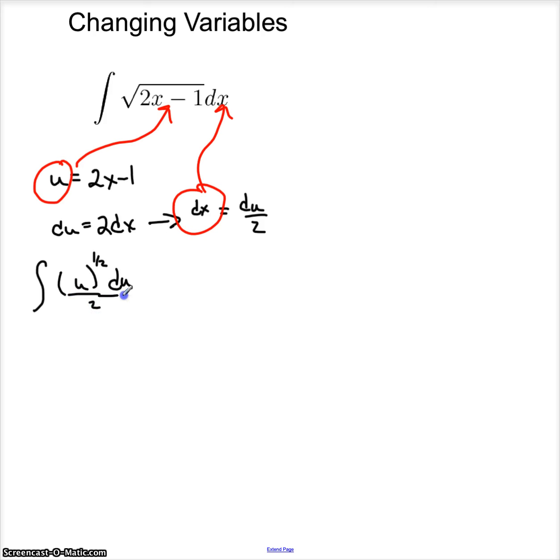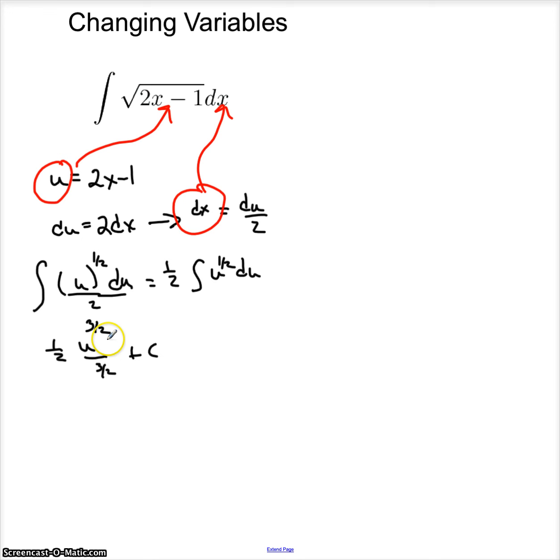All right, doesn't matter where that goes. So this is 1/2 the integral of u to the 1/2 du. This one I can do. So this is 1/2 u to the 3/2 divided by 3/2 plus the constant.